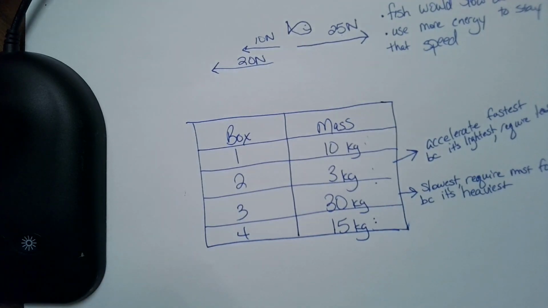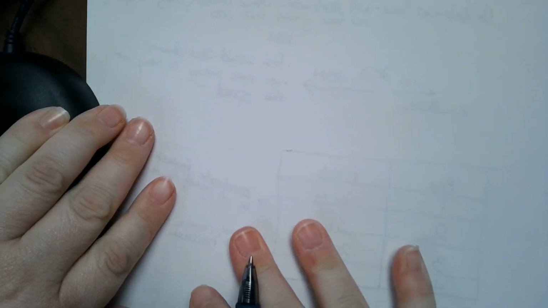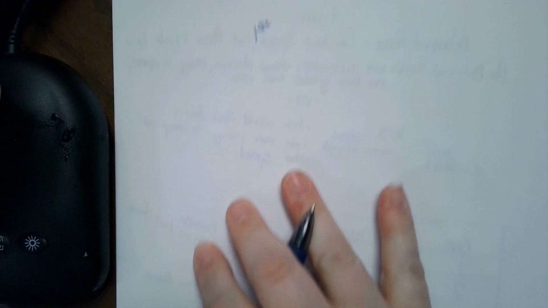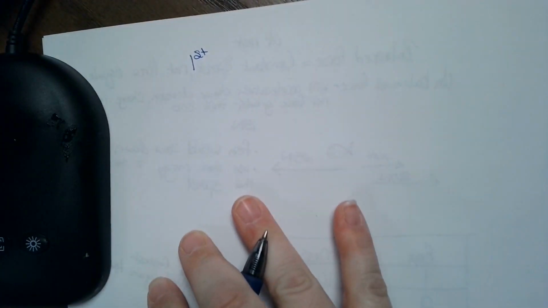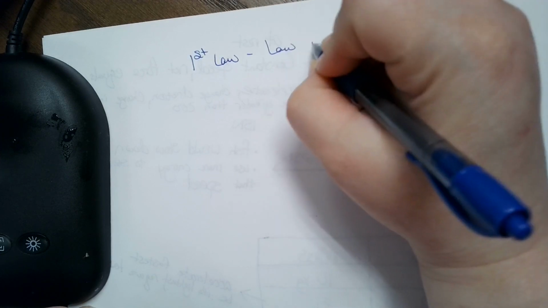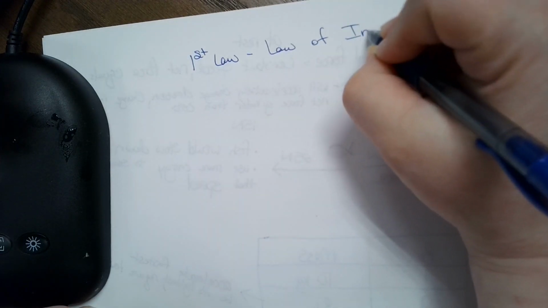Okay, so now let's talk about Newton's laws of motion. The first law, I guess you need to be able to see what I'm writing, don't you? The first law is the law of inertia.